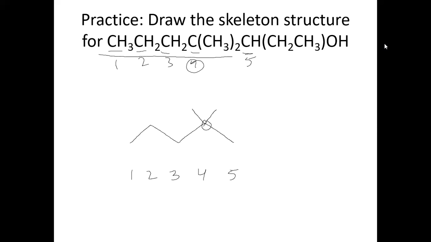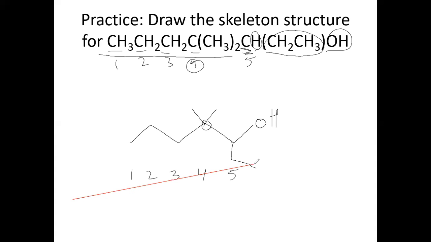Now the next carbon has a hydrogen. It has a CH2, CH3, and an OH. So I'm going to draw the OH first. I don't draw the hydrogen, and then I go CH2, CH3. And so this is relatively what my structure should look like. And just to be sure, I'm going to count my carbons.